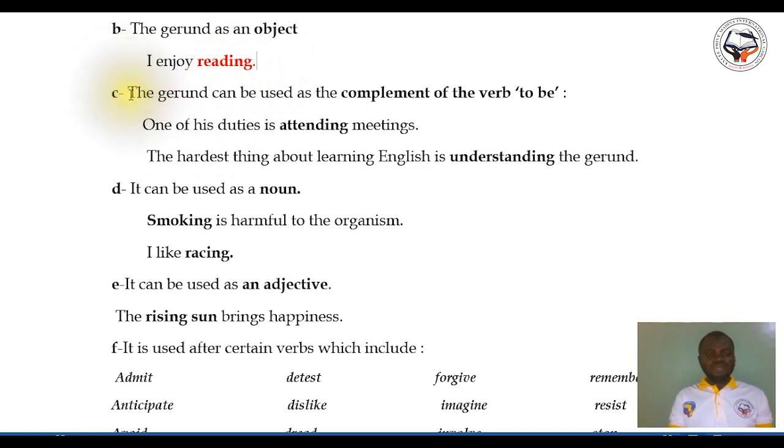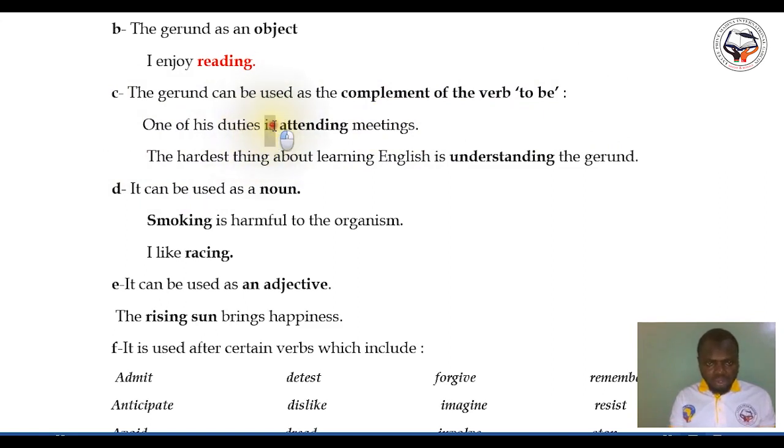The third use of the gerund is that the gerund can be used as the complement of the verb to be. Look at the example. One of his duties is attending meetings.